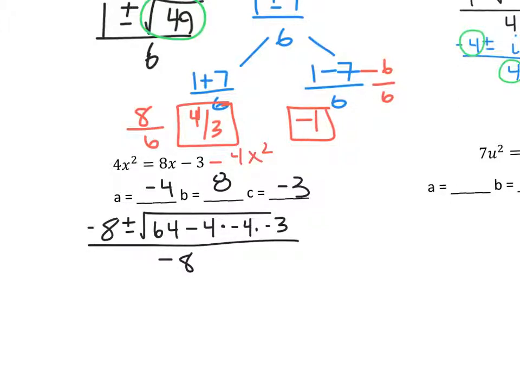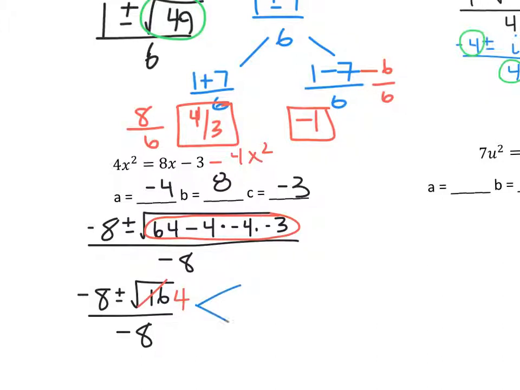So I'm going to calculate this. 64 minus 4 times negative 4 times negative 3 is 16. So this is negative 8 plus or minus the square root of 16 over negative 8. The square root of 16 is 4.